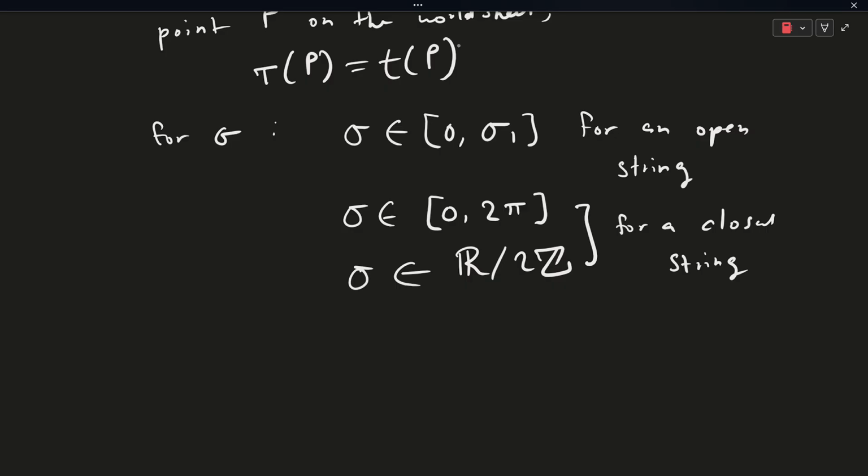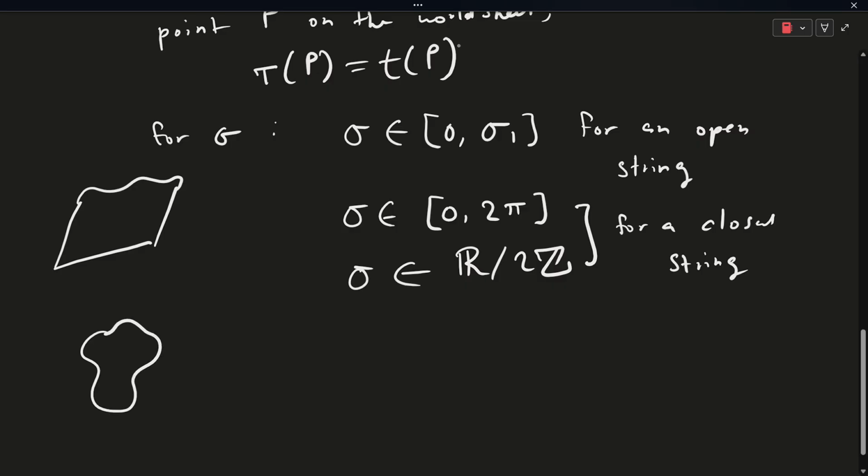So for the closed string, essentially I want it to be a circle. This is an open string, say a section of it, and this would be my closed string. It would have to be some closed loop, and in order for it to be a closed loop, I need to make some identifications. So I need to associate points as the same on my world sheet.